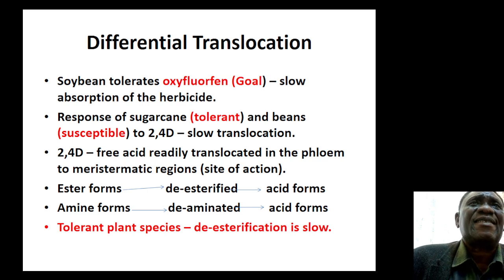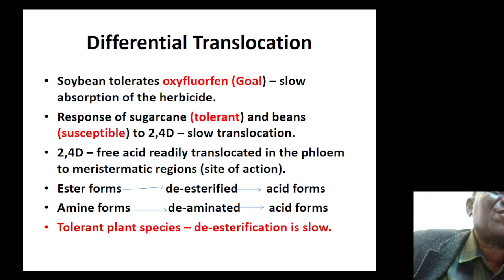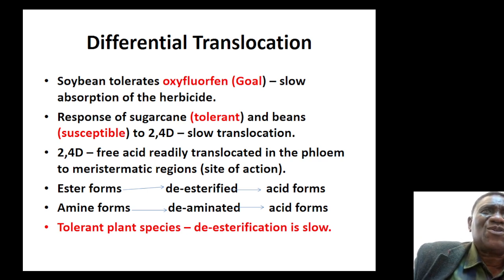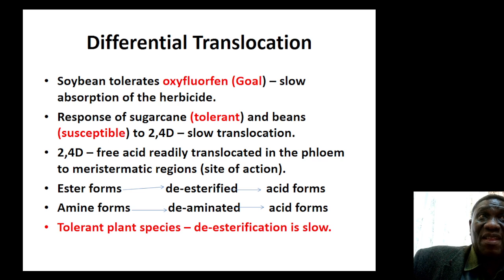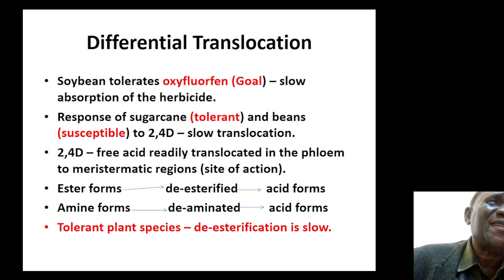The speed at which this herbicide moves within the plant determines whether the plant is going to die or not. In the beans, the movement is very fast compared to sugarcane.